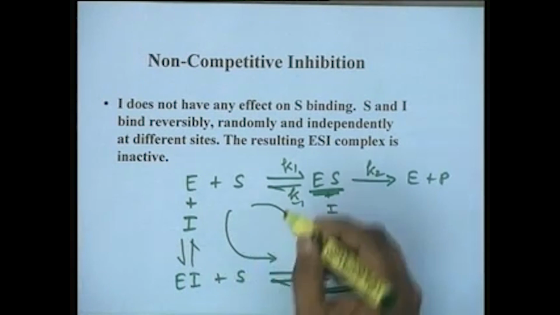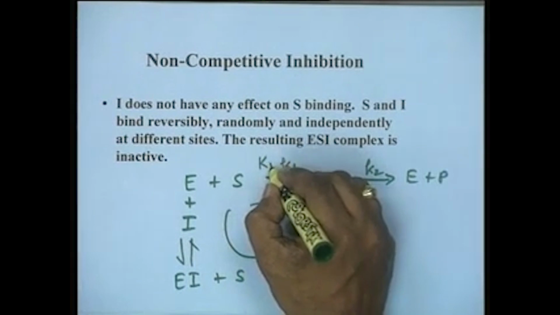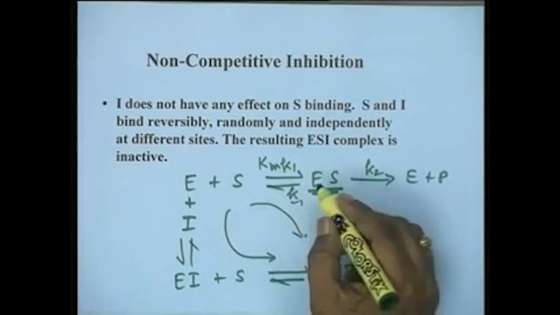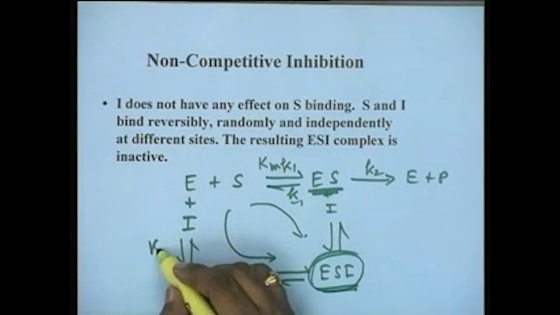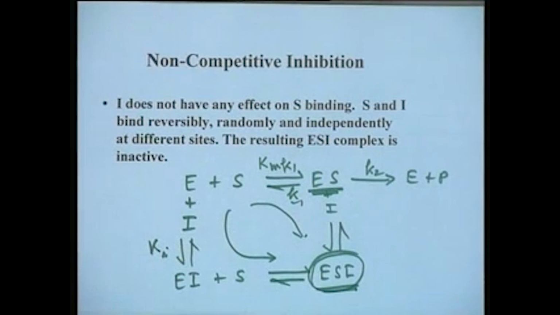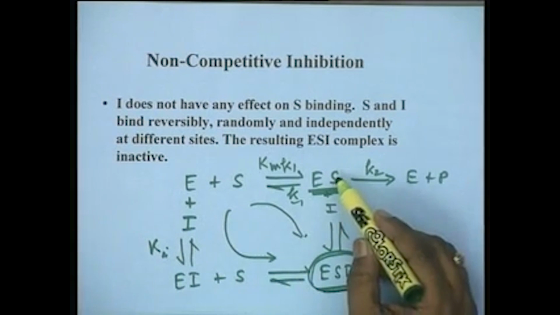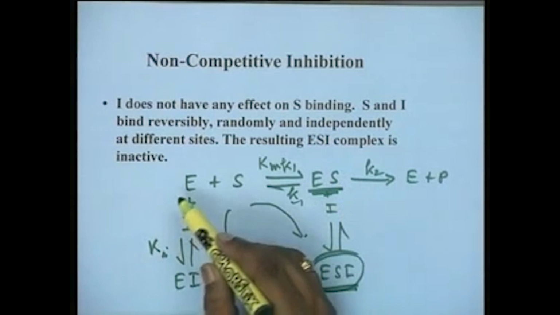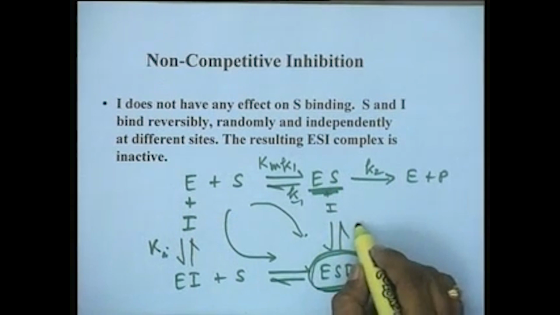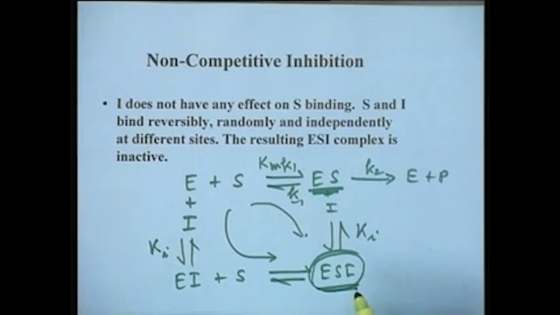Of course, in this simplistic mechanism we notice that we have a dissociation constant Km for the enzyme-substrate binding and dissociation constant Ki for the inhibitor binding. We also assume that whether the enzyme-substrate complex binds to inhibitor or the free enzyme binds to inhibitor, the dissociation constant is identical, Ki.